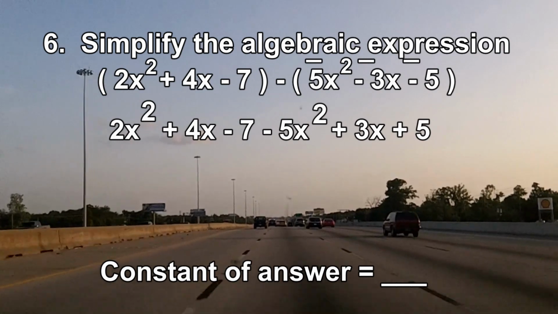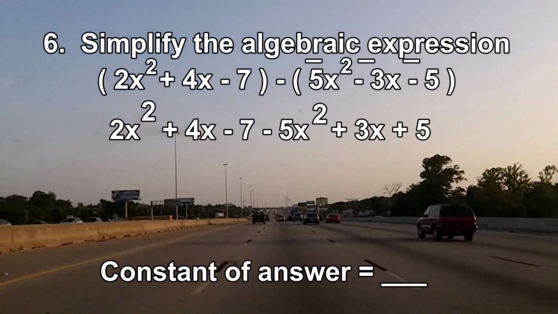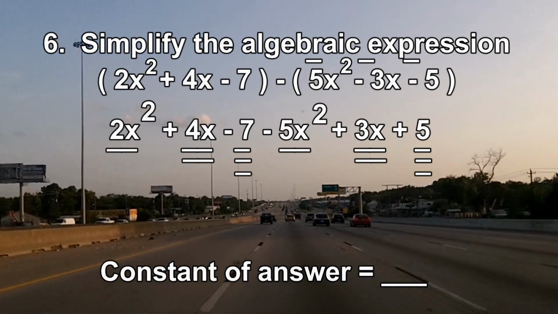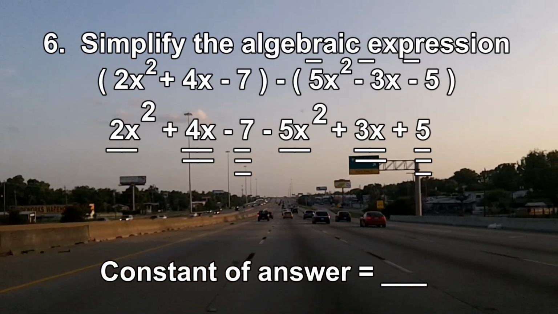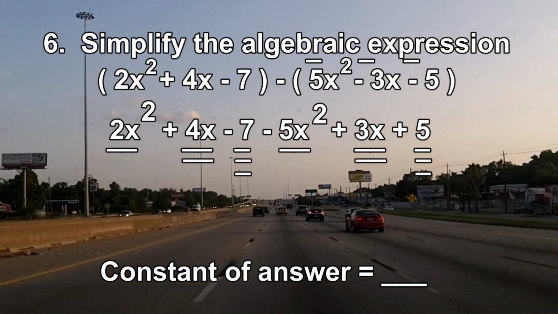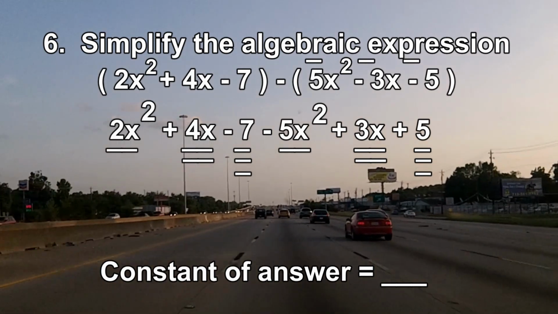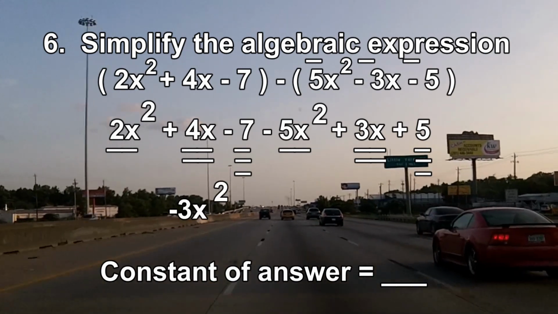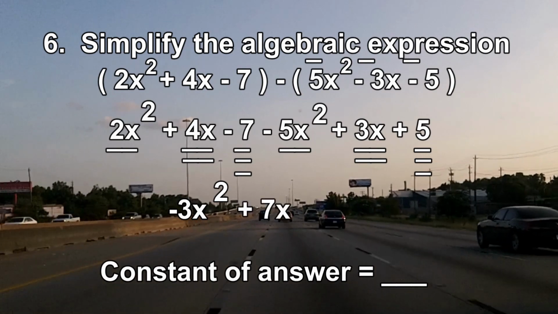Now, an easy way to collect your like terms is to single underline the x squares, double underline the x terms, and triple underline the constants of negative 7 and 5. Let's first combine the x squared terms or single underline. If you were to combine 2x squared minus 5x squared, you would get minus 3x squared.